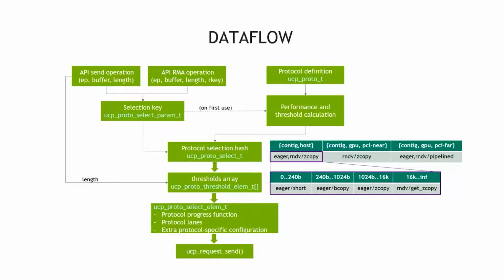So we can maybe add some flags to memmap for whether it should register memory on all memory domains, or maybe it shouldn't register at all and we just allocate memory for you. Because if you don't register, we can define that the operation RKeyPack on that memory handle is not supported.